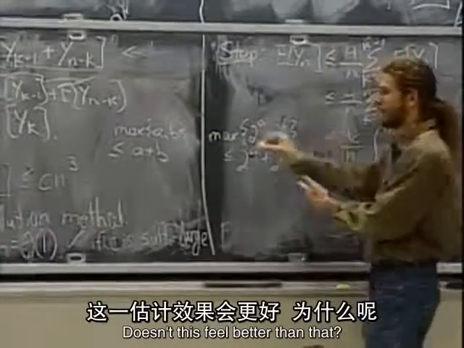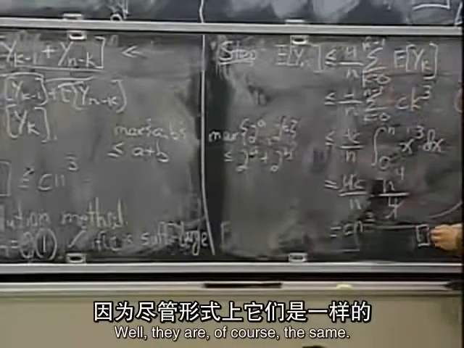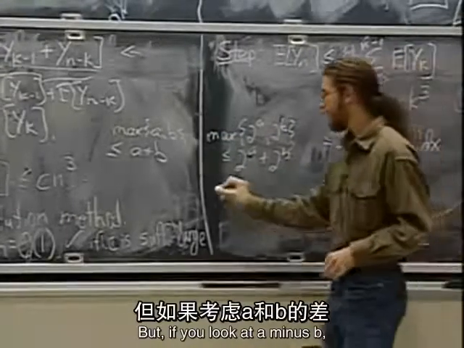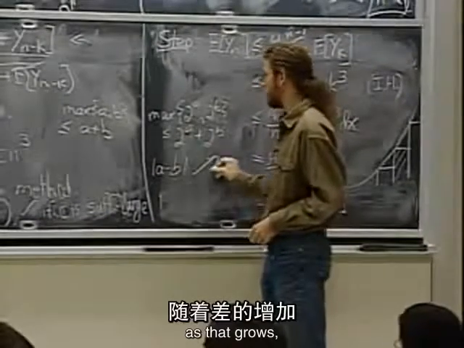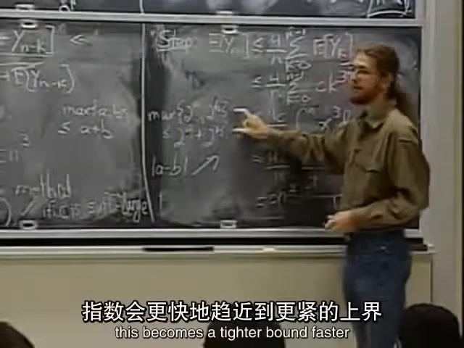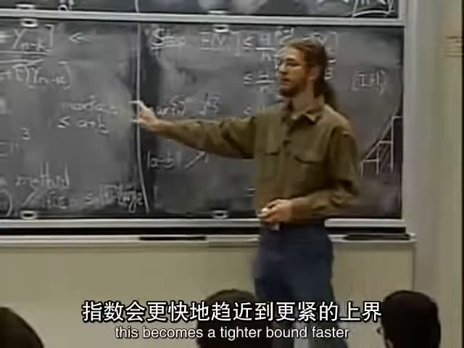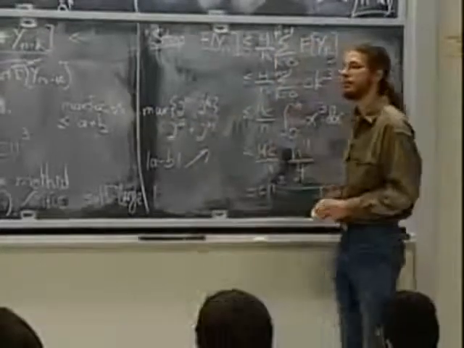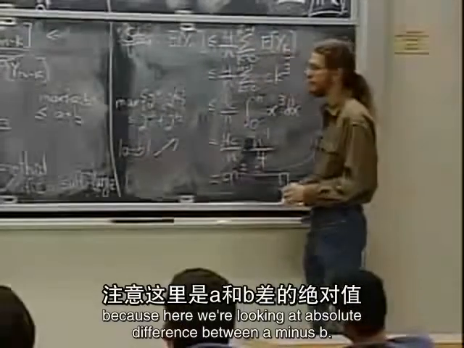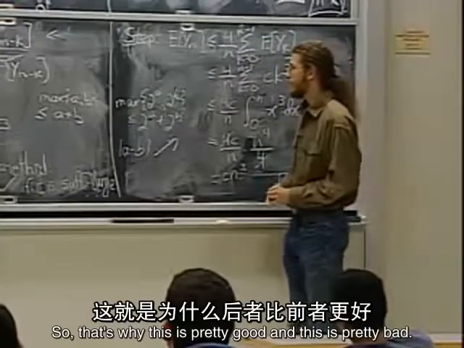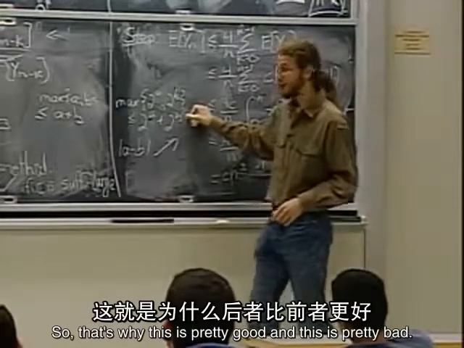Doesn't this feel better than that? Well, they're, of course, the same. But if you look at a minus b, as that grows, this becomes a tighter bound faster than this becomes a tighter bound. Because here we're looking at absolute value, absolute difference between a minus b. So that's why this is pretty good and this is pretty bad.